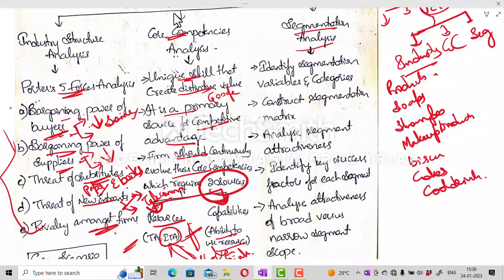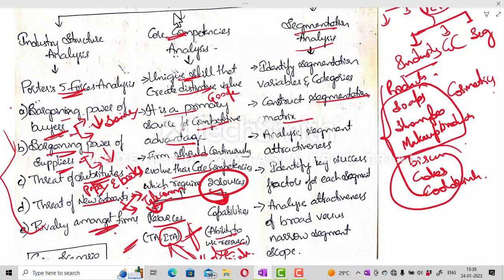There are different products, and we should list all of them. Then construct the segmentation matrix. It means we need to categorize the products into a single matrix. All these are cosmetics. All these come under food and beverages.